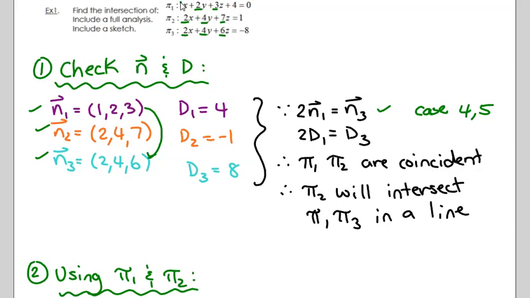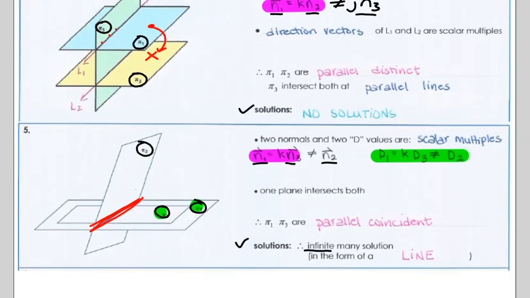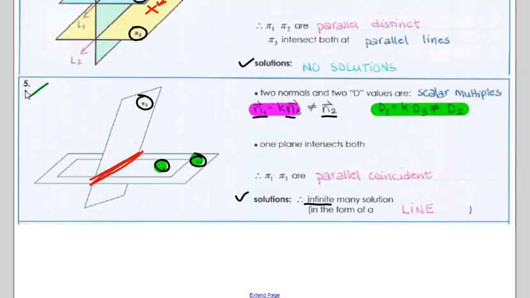So the next thing I'm going to do is compare the d values. And it looks like the d values are also doubled. Since the doubling matches the normals, I don't have a case of 4, but I do have a case of 5 then. That was, if I go back to the diagram, this guy.